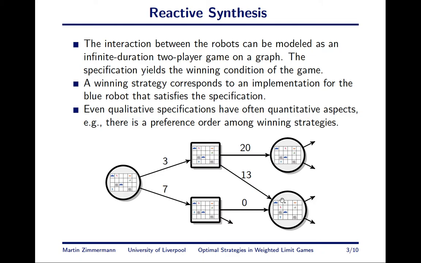This might be under the influence of your opponent, who could maybe force you to take a bit longer, depending on how the opponent plays. But you want to minimize the worst case time it takes you to reach the cookie. So there's a preference order among winning strategies and thereby implementations. We are interested in computing optimal winning strategies. This is the problem we consider here: not only any strategy that satisfies the qualitative specification, but one that satisfies it optimally according to the quantitative aspect we're interested in.